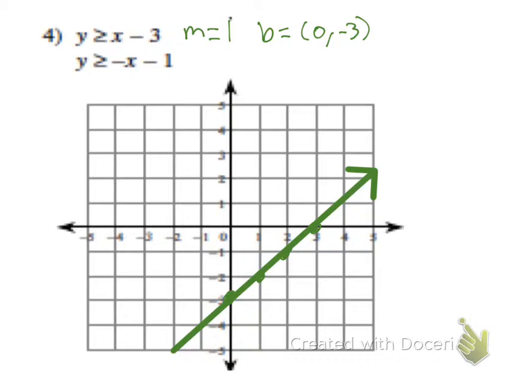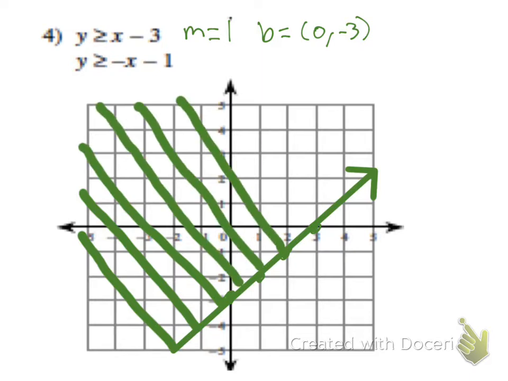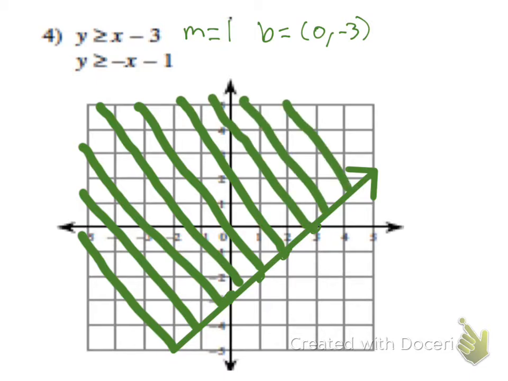Y is greater than, so I will shade above the line. Cross-hatching. I'm willing to bet more girls cross-hatch than guys.